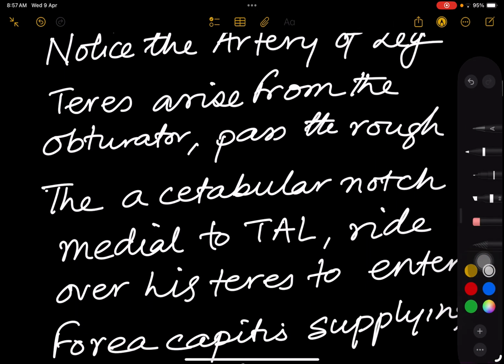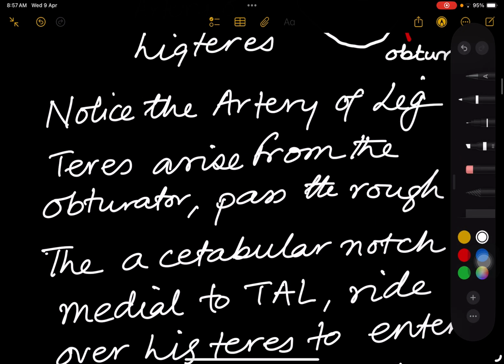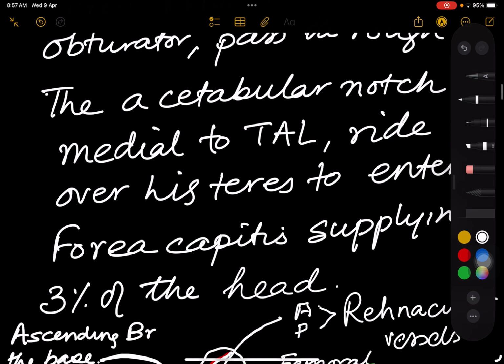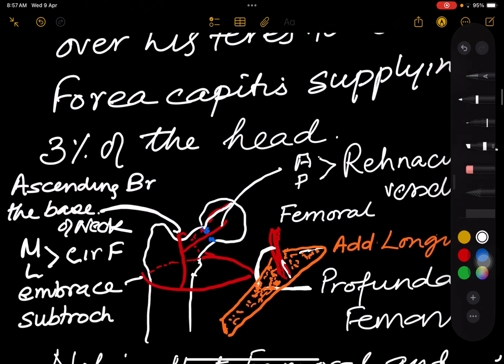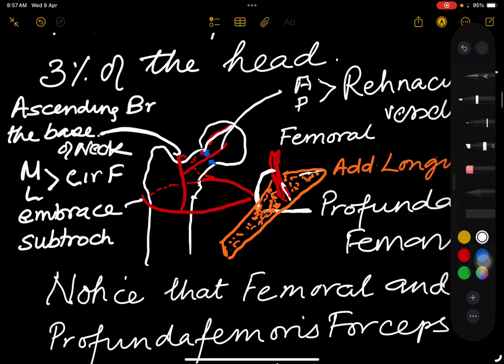Now you notice the artery of the ligamentum teres, and we have seen how it passes into the head, supplying 3% of it.